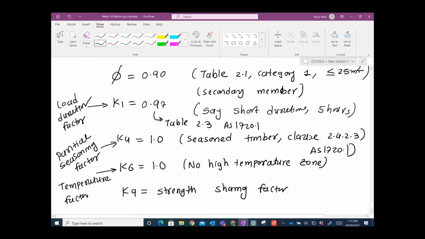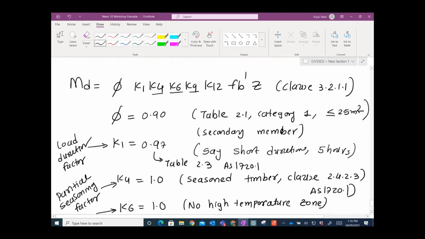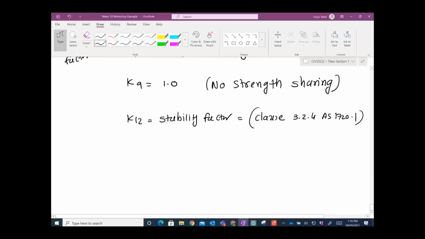So that is K1, K4, K6, K9 and K12. We have these stability factors that are used in this situation.